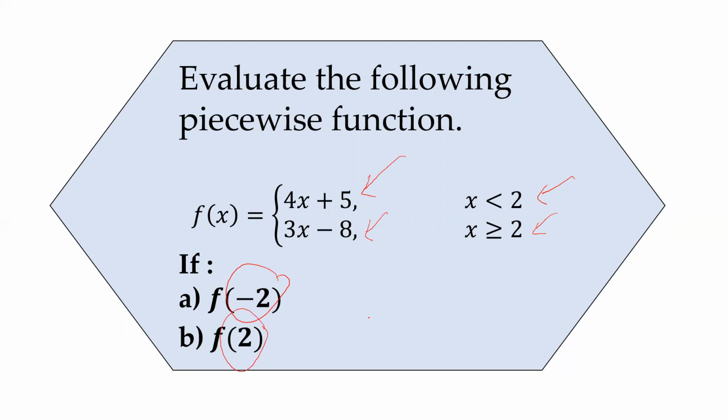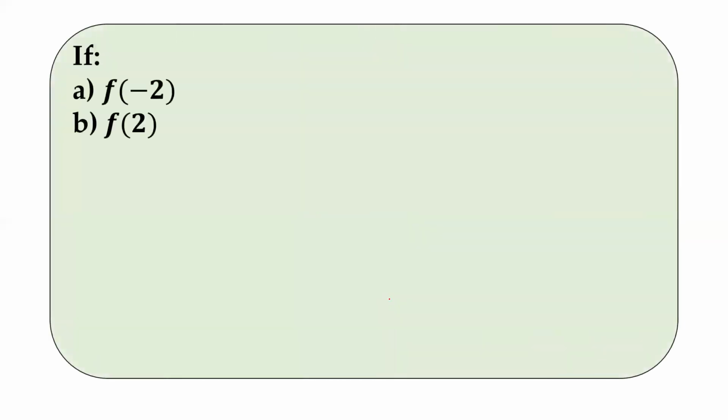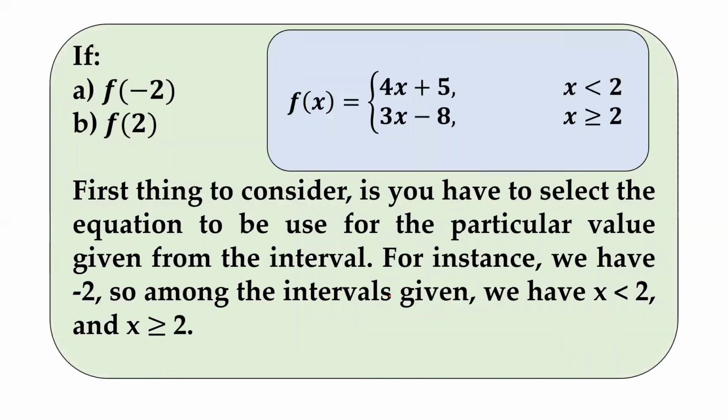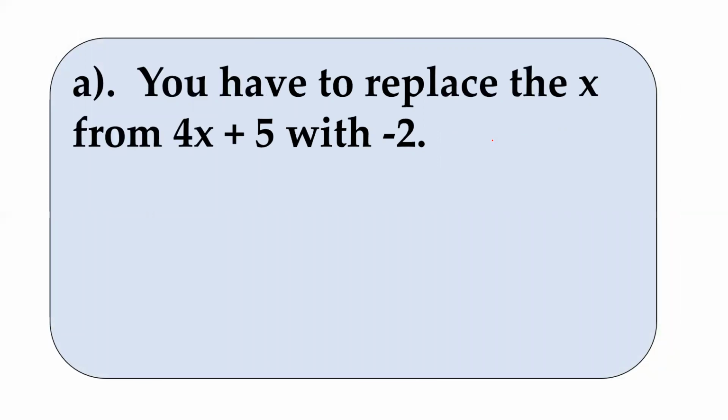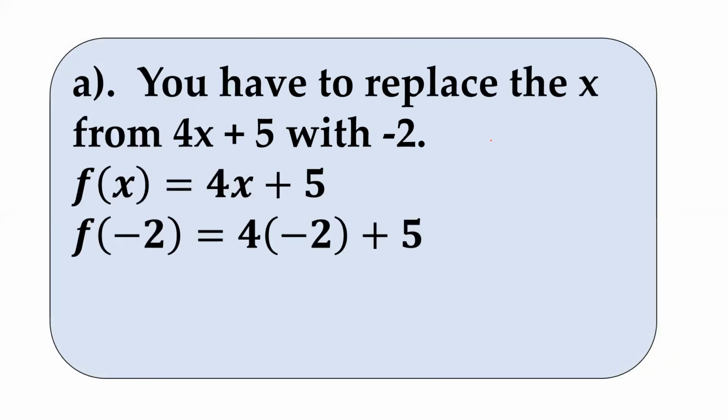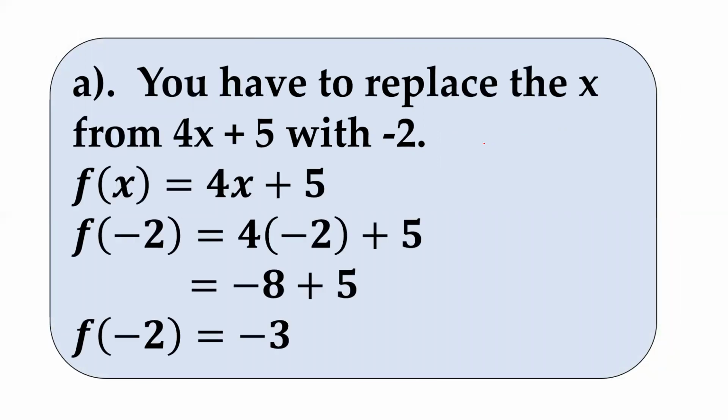So let's have the solution for this. You have to remember the explanation previously that you need to choose one of these functions to be used for every replacement value. It depends on the interval where it belongs. All right, so let's have the solution for letter A. For letter A, you have to replace the x in 4x plus 5 with negative 2.